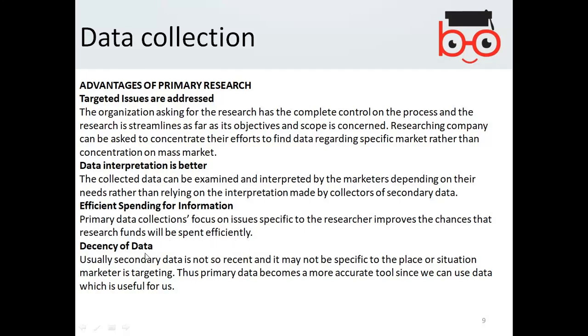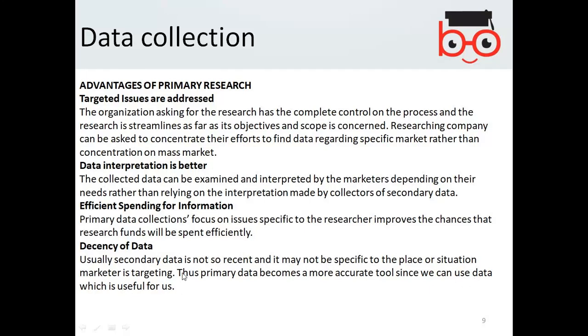Decency of data. Usually secondary data is not so recent. It may not be specific to the place or situation the marketer is targeting. Thus, primary data becomes a more accurate tool since we can use data which is useful for us.